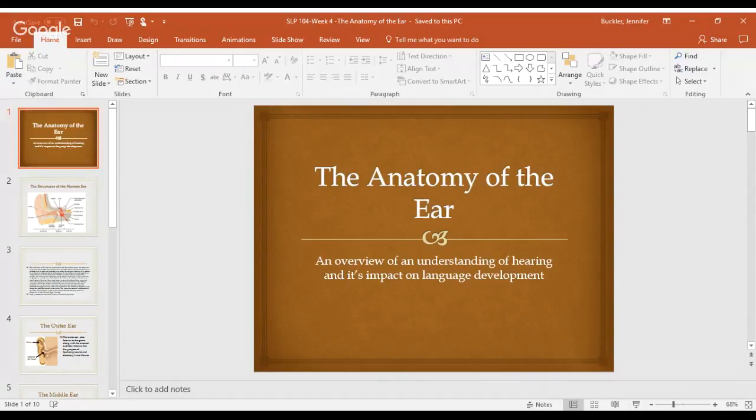On this slide, it gives a pretty good outline of the structures of each of the parts of the ear. It also starts to introduce you to some of those synonyms like I explained in the first slide.